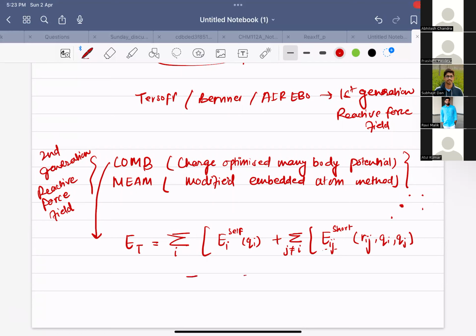Then we have the Coulomb potential, the polarization, and the van der Waals contribution.